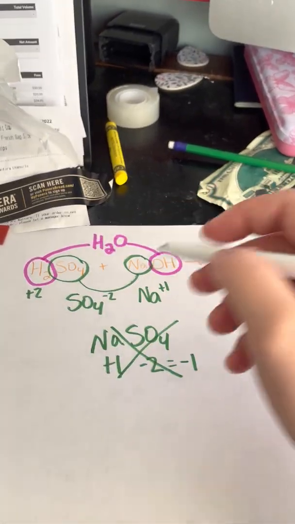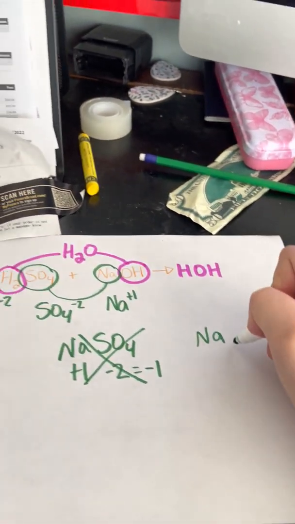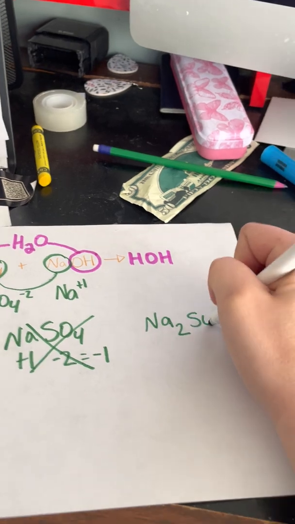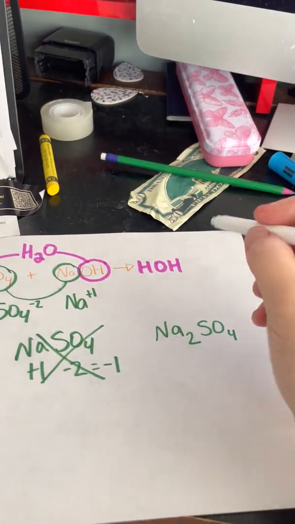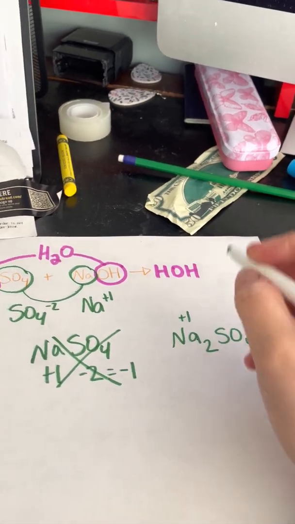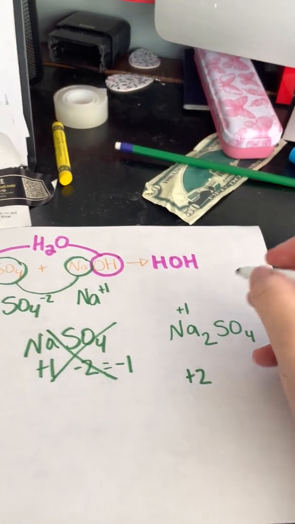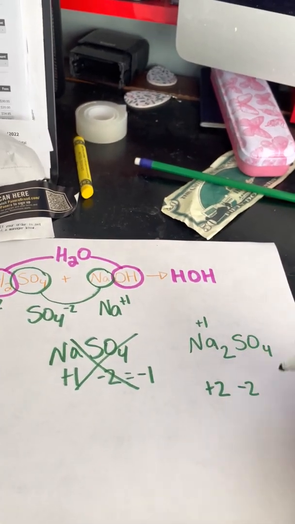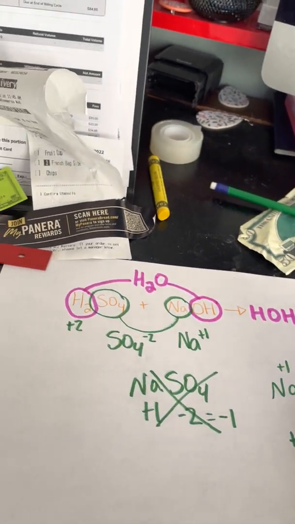Our formula for this guy is going to be Na2SO4. And if we look at our charges, Na has a charge of +1, but I have 2 of them, so that becomes +2. Sulfate has a charge of -2. +2 minus 2 yields 0, so we know that this is our formula.